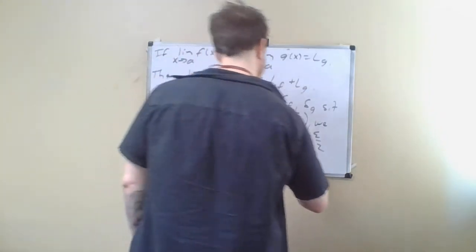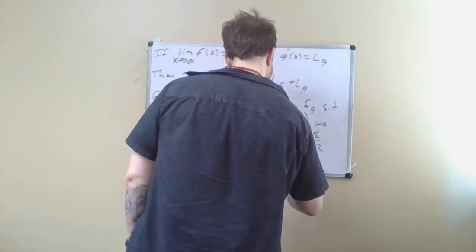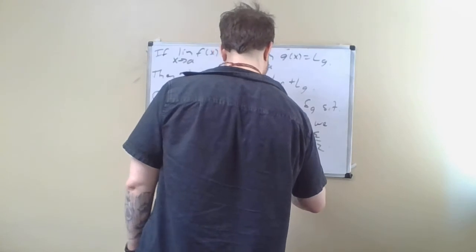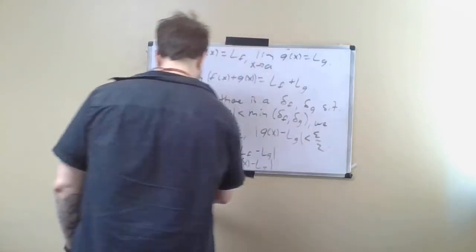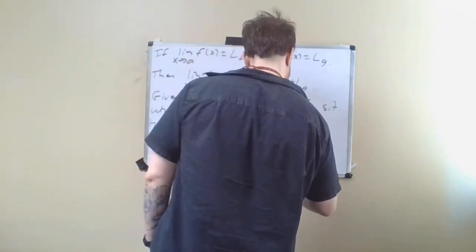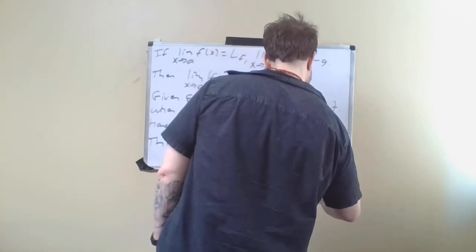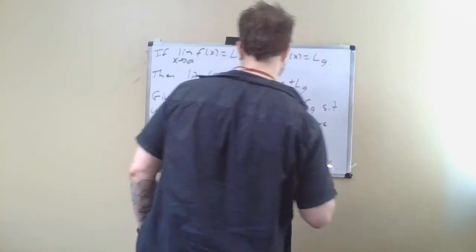And this is strictly less than epsilon over 2 plus epsilon over 2, which is epsilon.